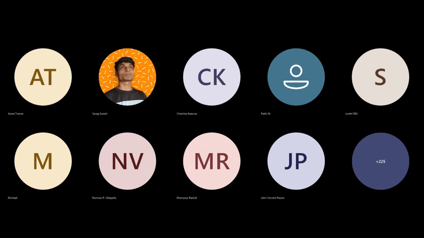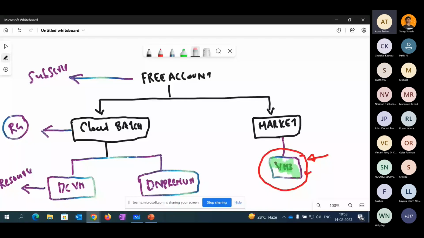Now let's go back to the whiteboard here. In the first part of the session, we have seen how permission is assigned at the resource level. Now we are going to discuss another topic, permission at the resource group level.